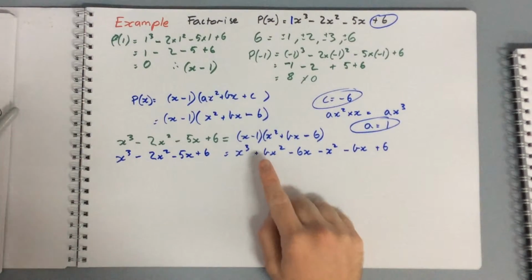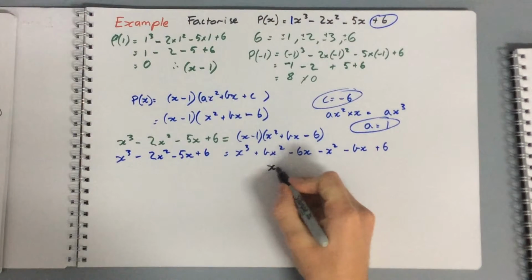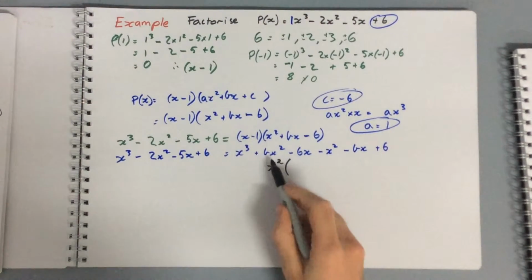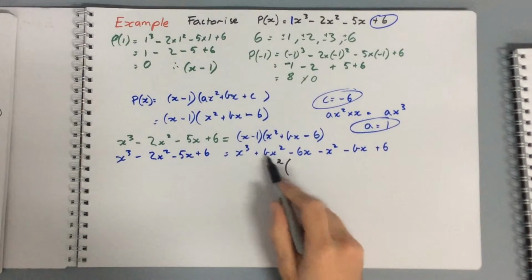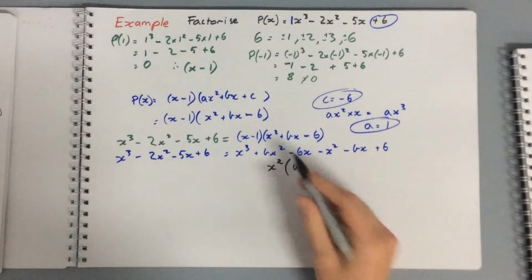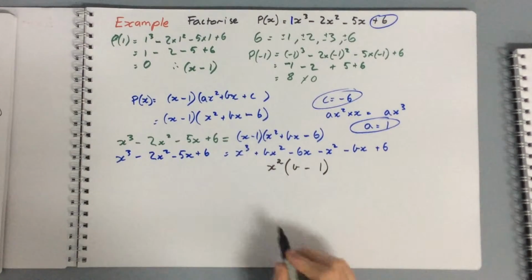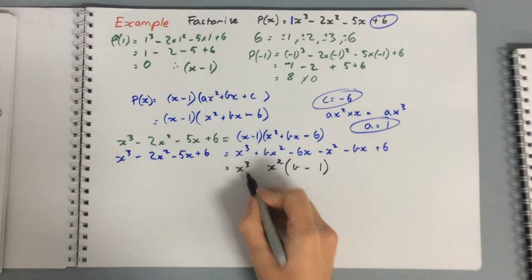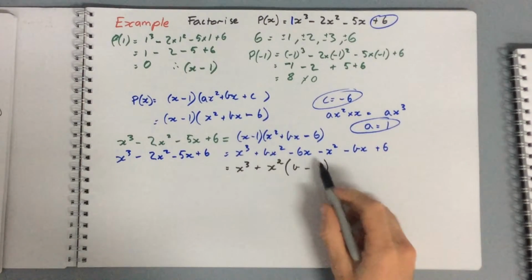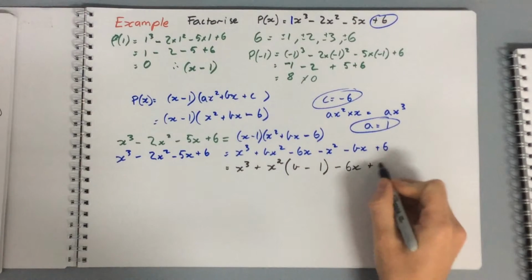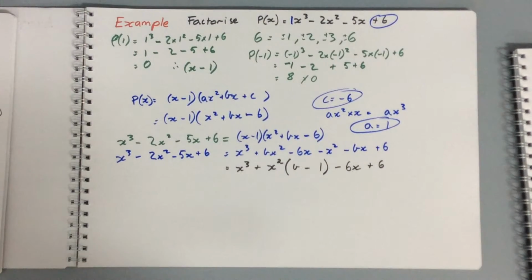So let's take that out as a coefficient. Alright, x squared times b gives me bx squared, and I want a minus 1 there. I'm not doing anything with the x cubed, and I've got a minus 6x here and a plus 6. That's all good.